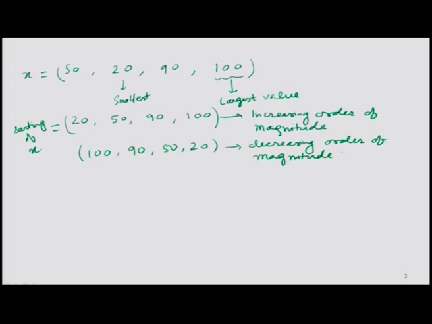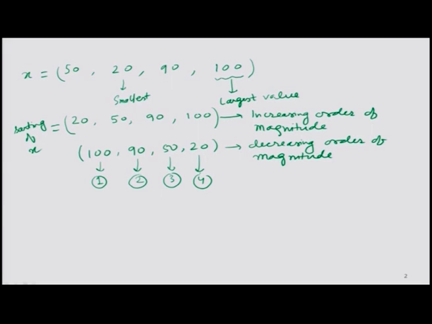Now, when we are trying to do the sorting, we are trying to put the smallest or the maximum value at a certain position. For example, this is position number 1 when we arrange the data in the decreasing order, this is position number 2, for 50 this is position number 3, and for 20 this is position number 4.